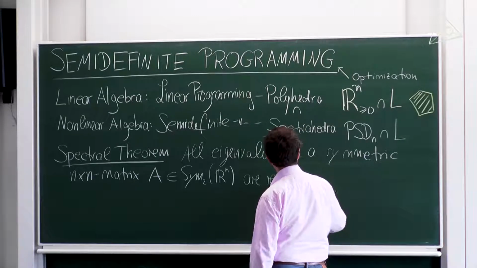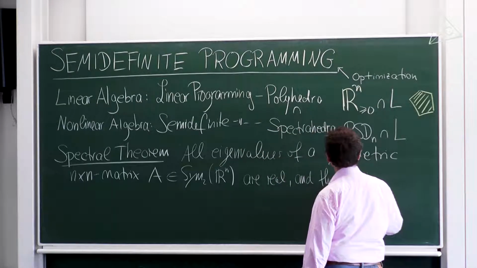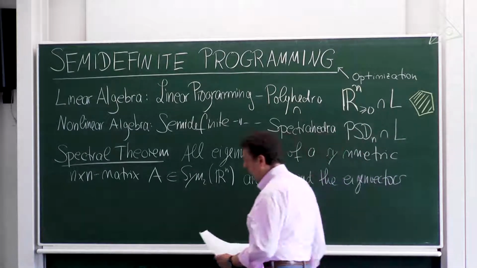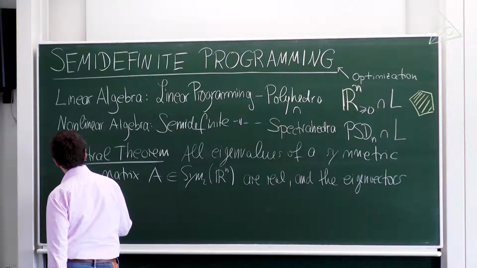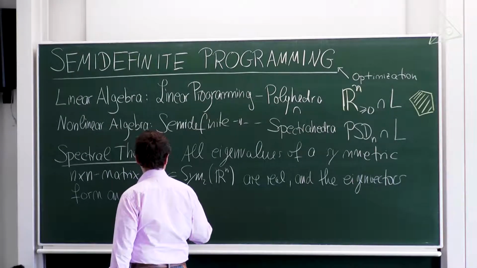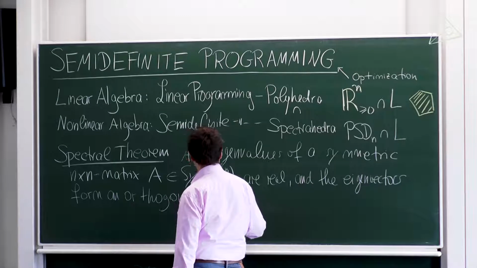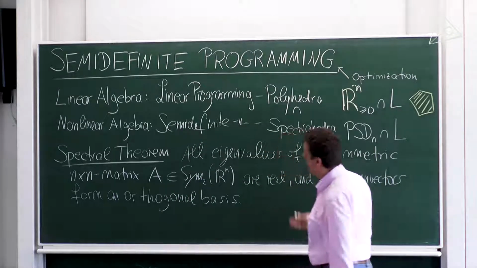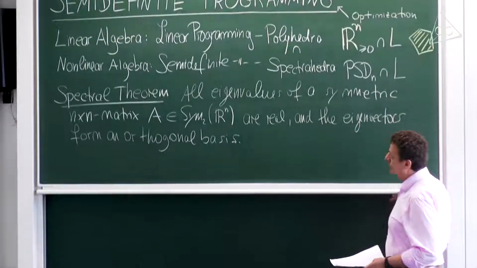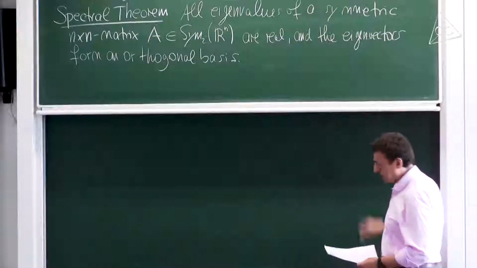And furthermore, the eigenvectors form an orthogonal basis. This is clear and well defined if the eigenvalues are all distinct. If there are multiple eigenvalues, then in each eigenspace we can pick an orthogonal basis. That's the spectral theorem.